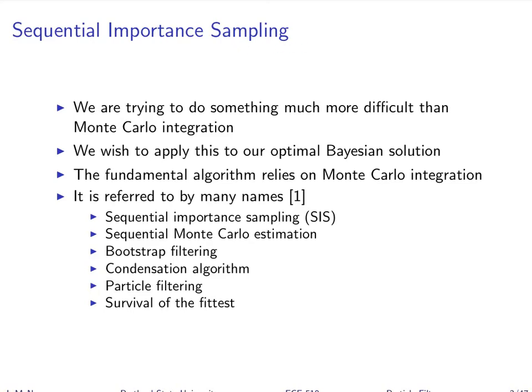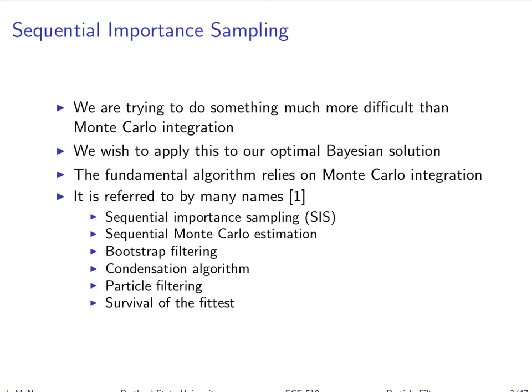When you draw samples from the importance density, basically when you run your random number generator, that's importance sampling. The sequential part is that we need to be able to do this sequentially in order to track without having computation scale with time. Being able to do that recursively, recursive importance sampling might be a better way to express that. The fundamental algorithm relies on Monte Carlo integration.